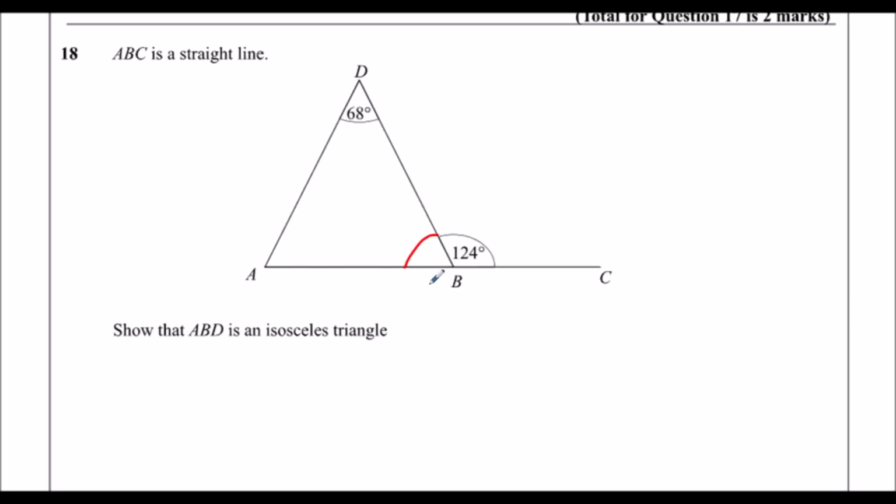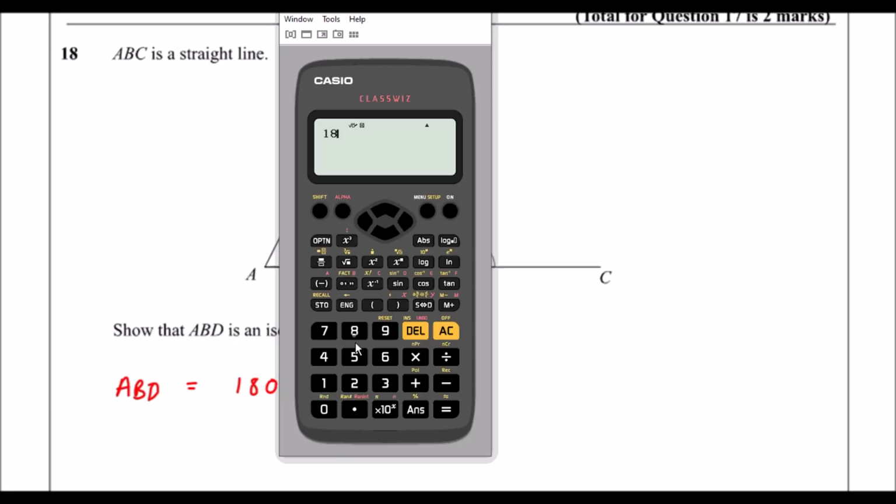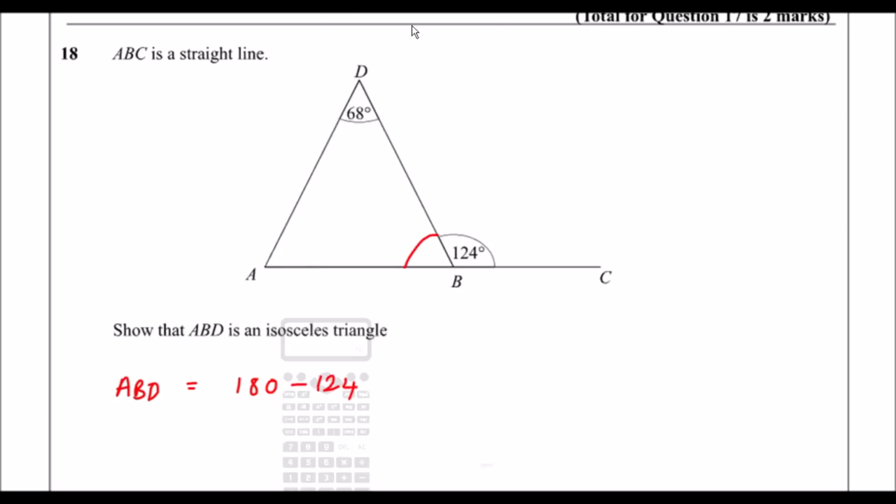So we can find ABD by doing 180 take away 124. Angles in a straight line add up to 180. So 180 take away 124 is 56. So this angle here is 56 degrees.